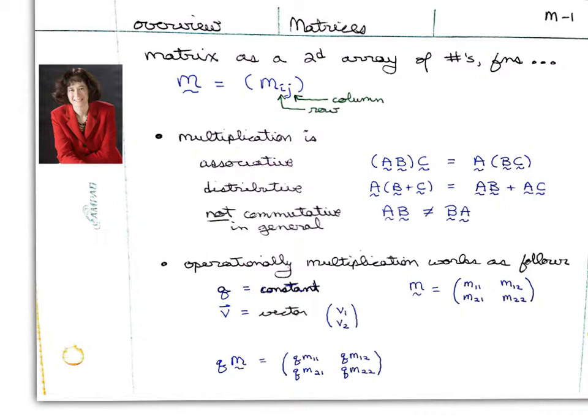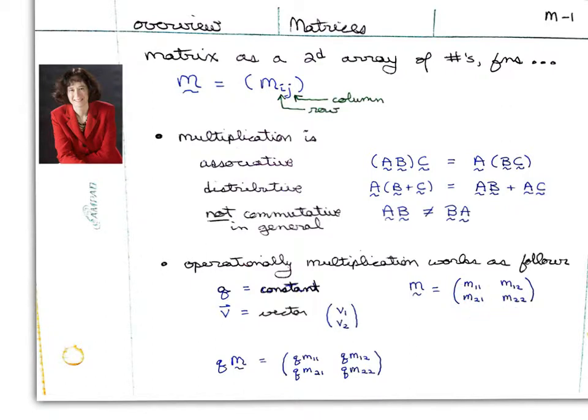Let's look at how multiplying a matrix by a constant or a vector will work. And here's the notation we'll use for our matrix. So notice that the two elements on the diagonal of the matrix have the same values for the row index and the column index. So M11 and M22 are on the diagonal.